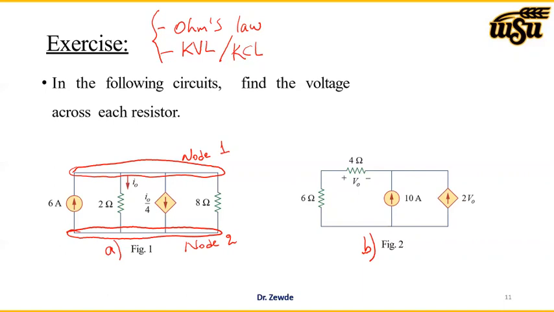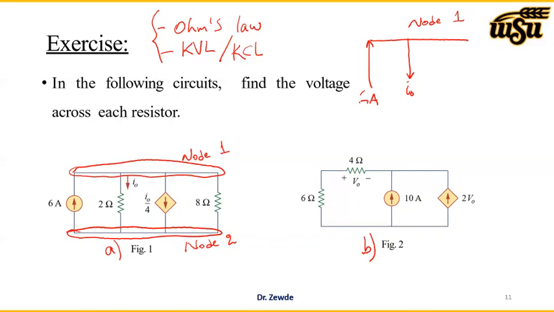So let me redraw that figure. So this is node 1, let's say. Now 6 amp enters the node. And the other one, I0, is leaving this node.